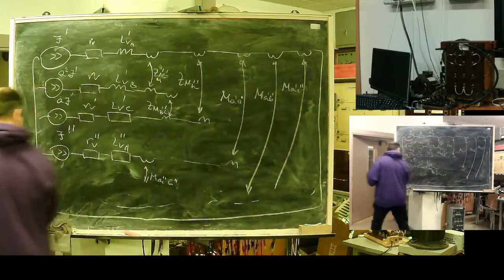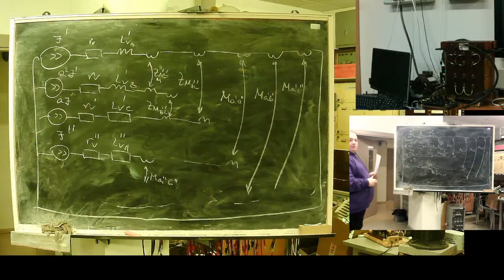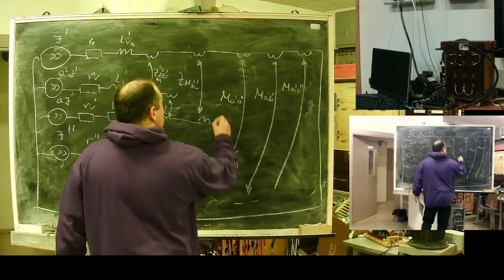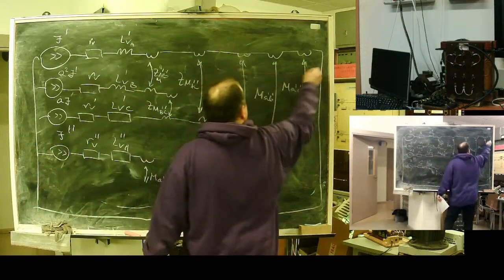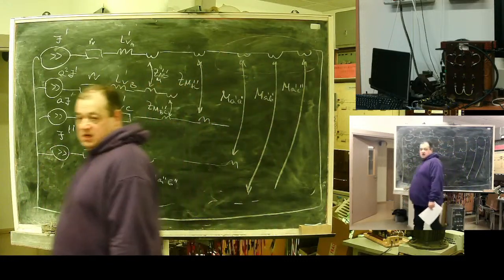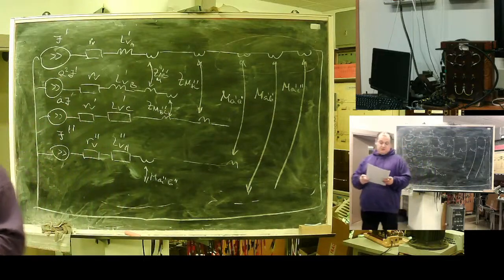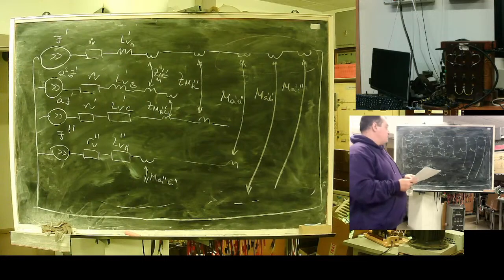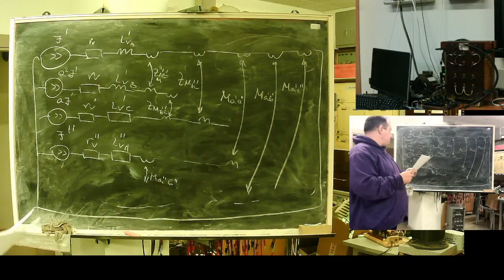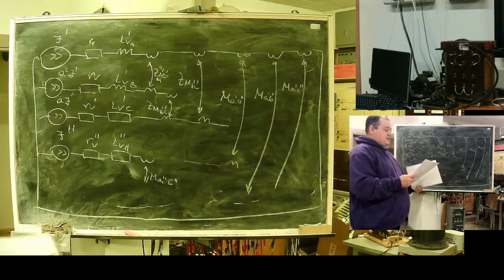And return. I omitted a part for the second line. It's the same as for the first one. This part is different. It's a mutual inductance between A1 and A2. The same will be for the B and C phases.